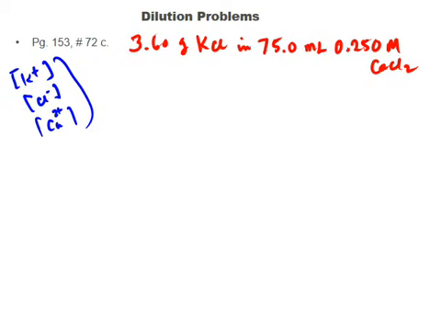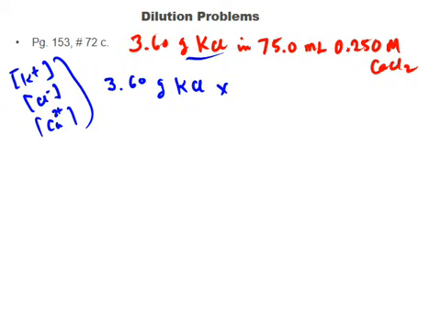Now you know that molarities are concentration units, so we can't deal with gram. So let's change that gram to mole. You already know how to change from gram to mole. So start with 3.60 gram KCl, gram to mole, periodic table.